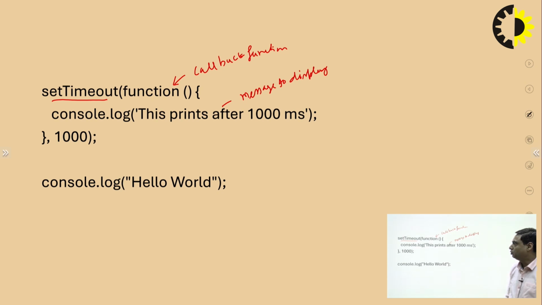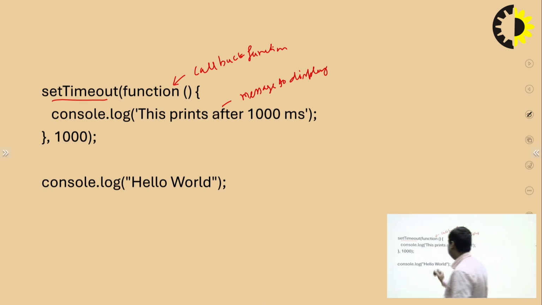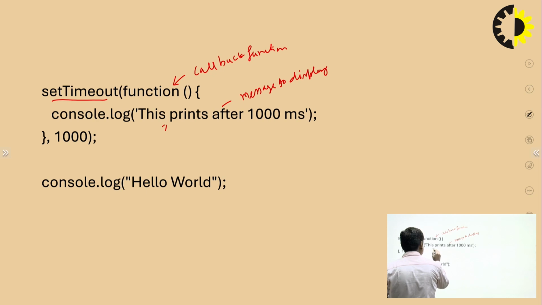So setTimeout is an asynchronous function, or you can say it is a normal function. In this function, we are passing another function. That function is a callback function, and this function will display a message.